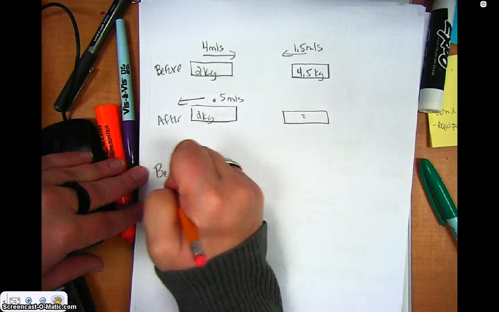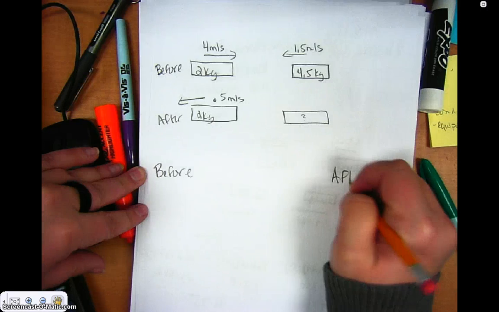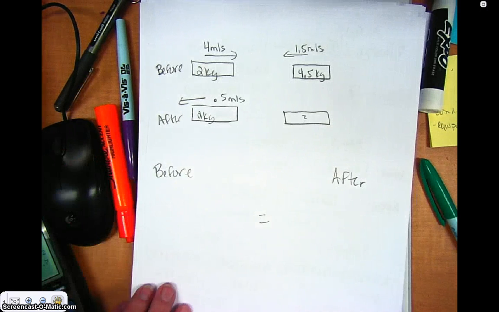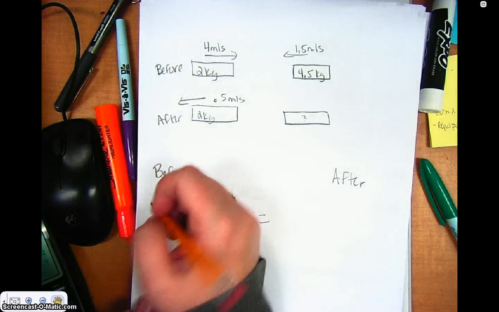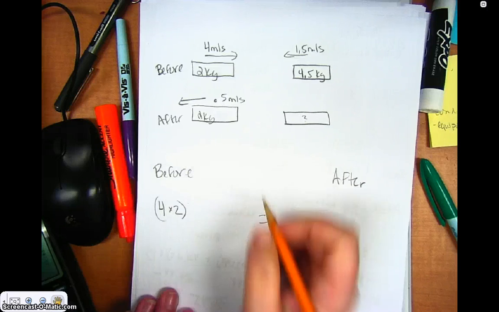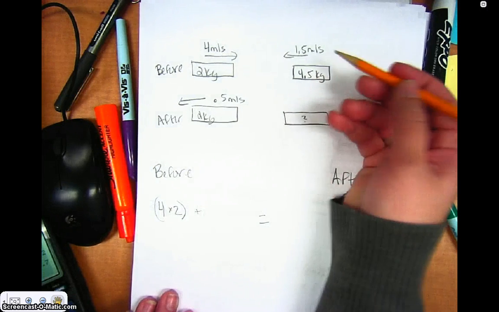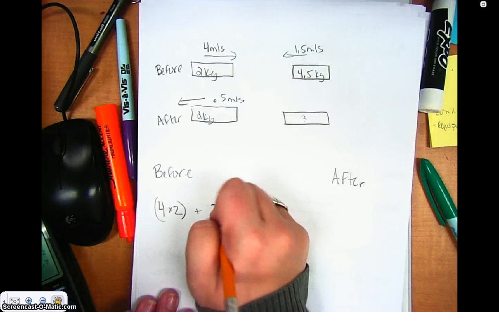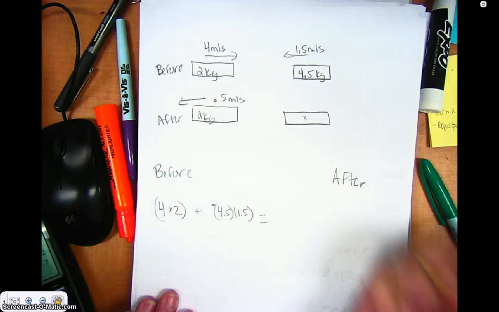So before part of the problem, and then the after part of the problem, and then we have an equal sign in between. So before, the momentum would be 4 times 2, or m times v. Okay, and then over here, we're actually going to have negative because it's going to the left. Right?